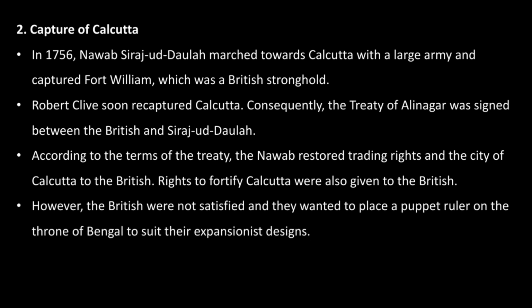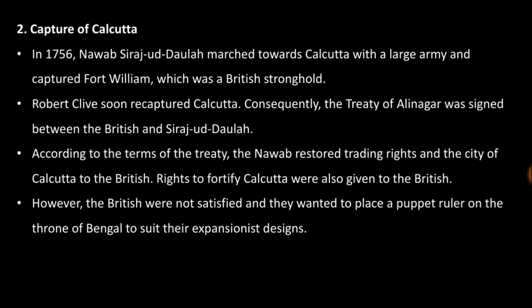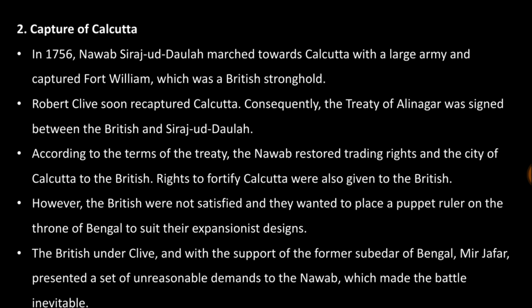However, the British were not satisfied and they wanted to place a puppet ruler on the throne of Bengal to suit their expansionist designs. The British under Clive and the support of former Subedar of Bengal, Mir Jafar, presented a set of unreasonable demands to the Nawab, which made the battle inevitable.